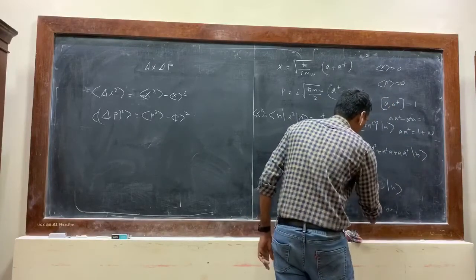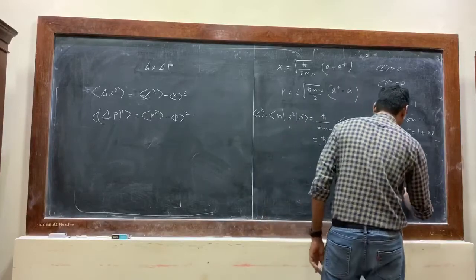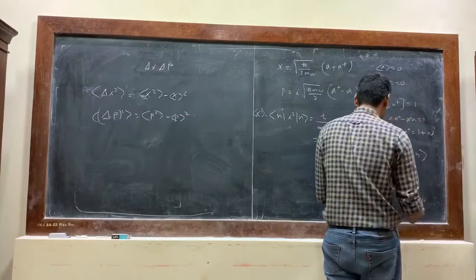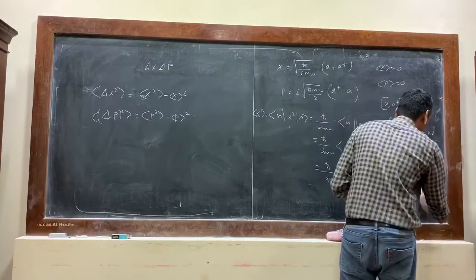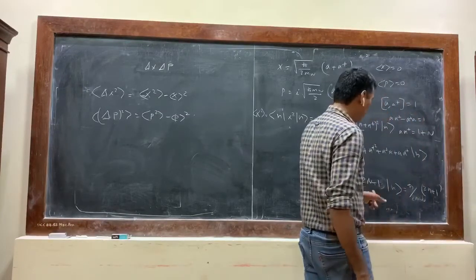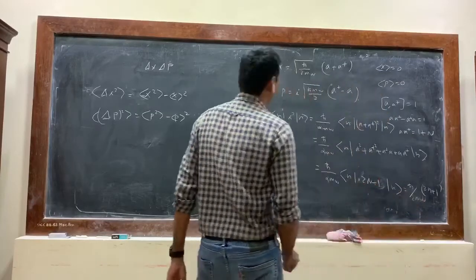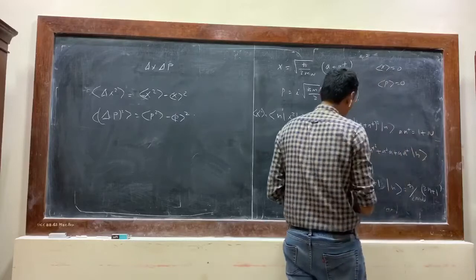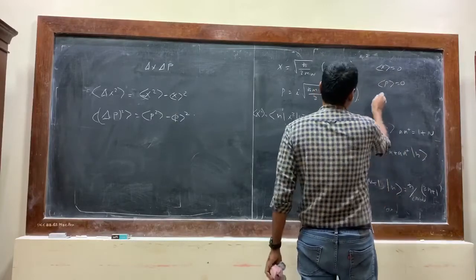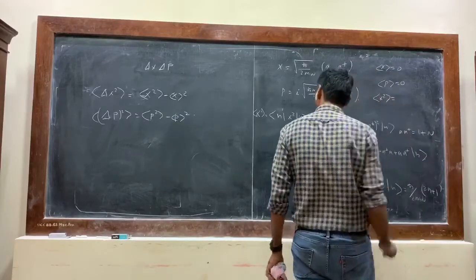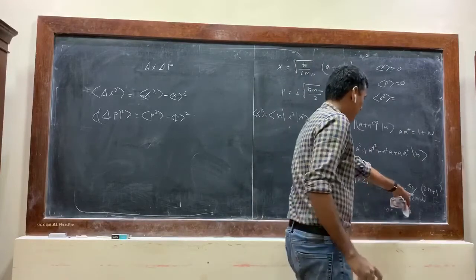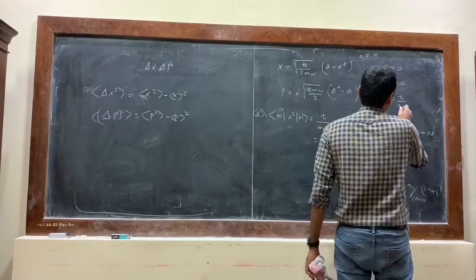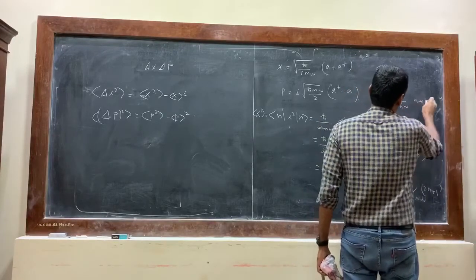This will be equal to h cut by 2m omega into 2n plus 1, with small n, because capital N acting on n gives small n. So we can write the average value of x square as, putting a 2 outside, h cut by m omega into n plus half.